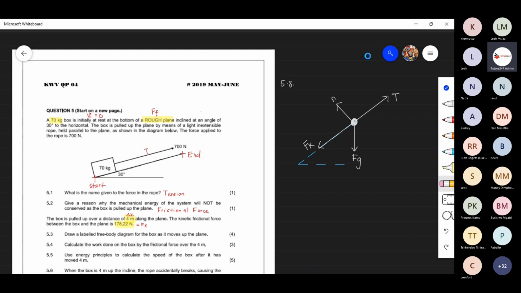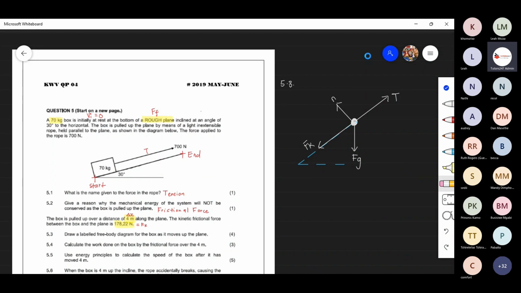Always remember that whenever something is not conserved, always think of frictional force. So why is mechanical energy not conserved? Always remember it is because of frictional force. This statement is actually very important because you'll reach a point whereby you'll need to use certain formulas, right? So one question in work, energy, and power has about, what, 5 ways of calculating it.